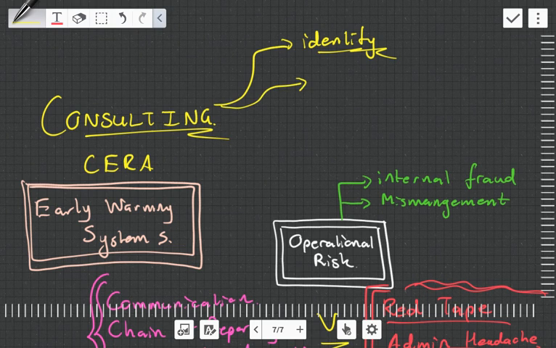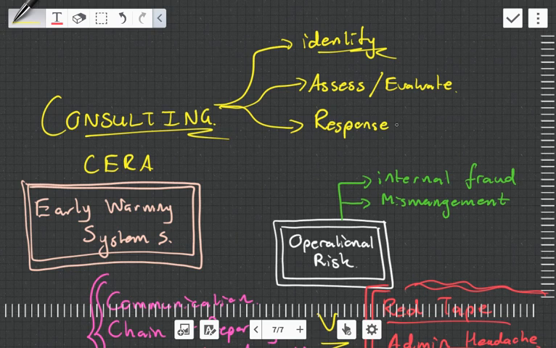Once you've identified them, you want to assess the risk and evaluate their impact. So how bad are they? What are the consequences if they had to occur? And then finally, you want to develop some sort of response: what should we do about these risks, and what are the actions that we want to take?